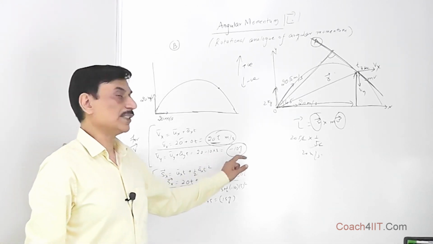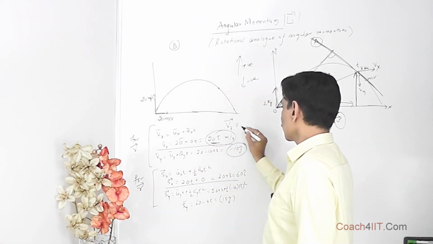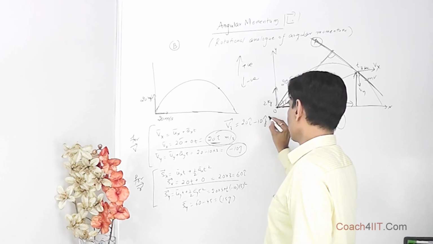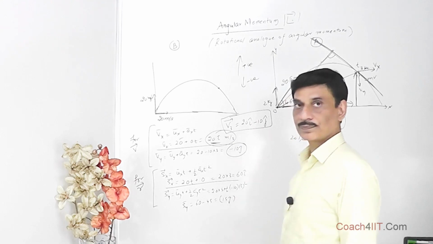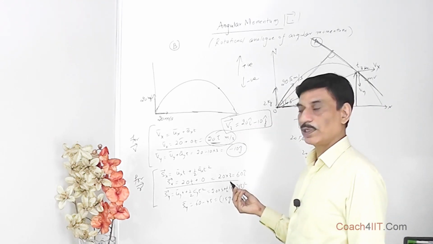This comes out minus 10 j cap. So the velocity vector at 3 seconds is 20 i cap minus 10 j cap. Momentum, obviously, we can multiply with 2 kg to find the linear momentum.